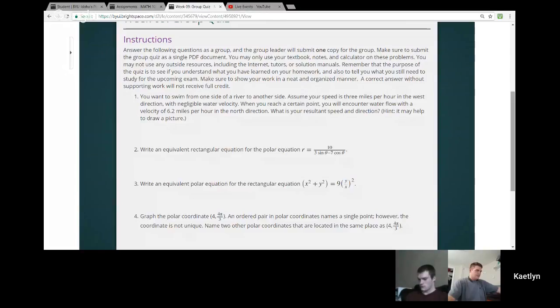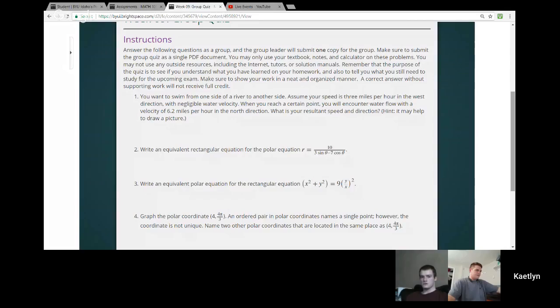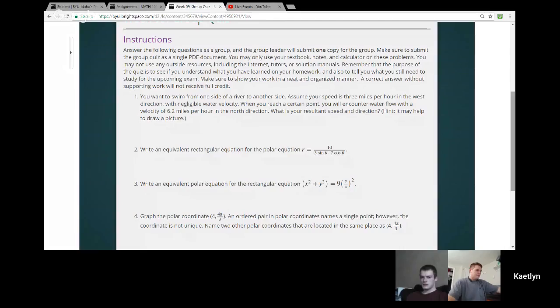Oh, now this one got tougher. Okay. So, rewriting the rectangle. Right? Polar equation for r equals 10. So this is going to be y equals, right? Yes.